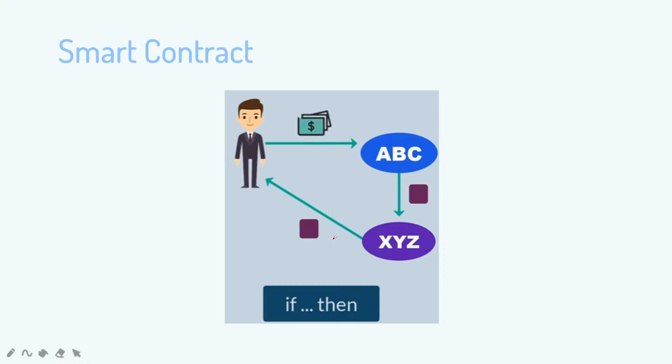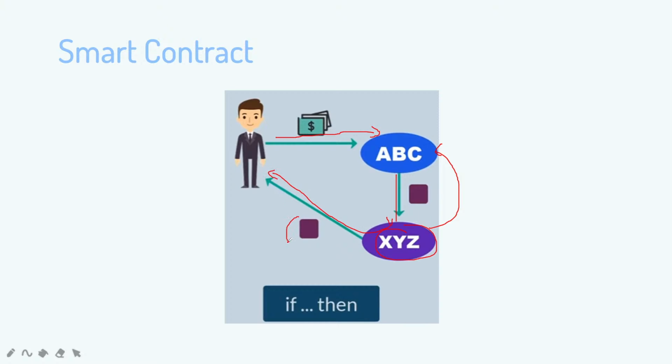For example, according to our presentation, XYZ is one of the e-commerce websites. This website is authorized by ABC company. So whenever I need to buy a product, I transfer the amount to ABC company, and then the product is delivered to XYZ, and XYZ delivers it to the particular person.